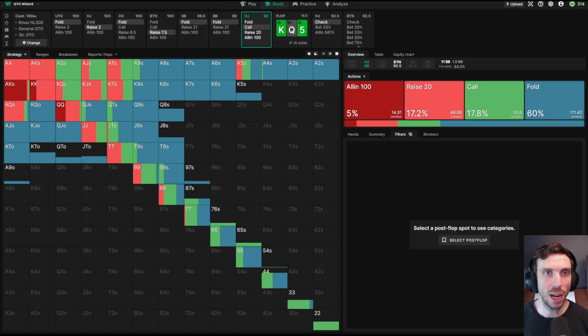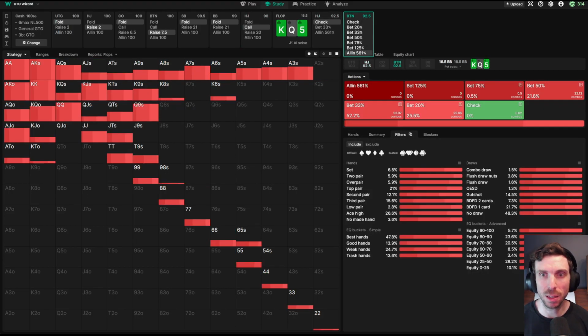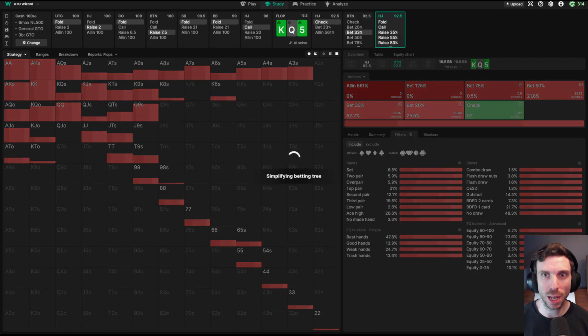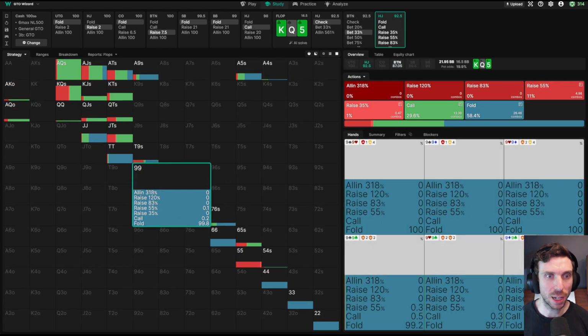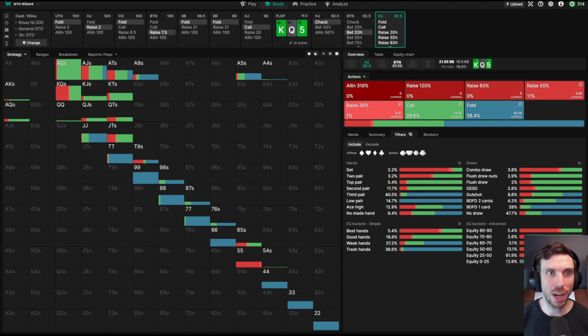So the 9 isn't that scary because it's not going to change too much after I c-bet the flop. I think that they're going to have to fold pocket 9s, so they're not going to make any sets.